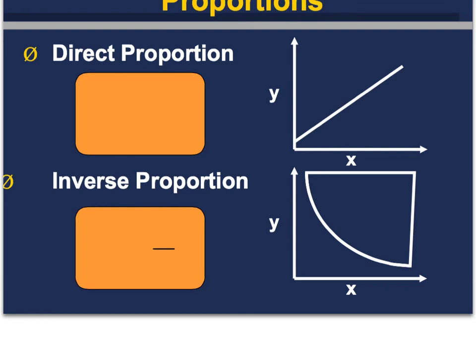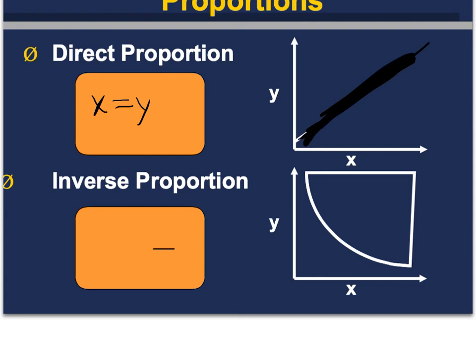And the last thing that I want to talk about is a direct proportion versus an inverse proportion graph. So I think there is like a question or two on your test about this. The first thing that I want to say is a direct proportion means that there is a direct relationship. So if our x value will equal our y value, we'll get a line that looks like this, kind of going up at the same rate.